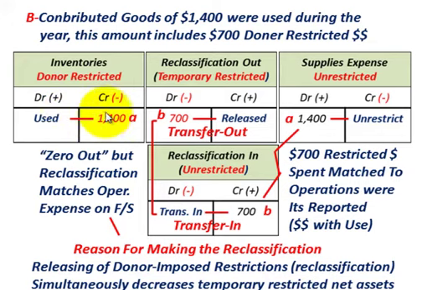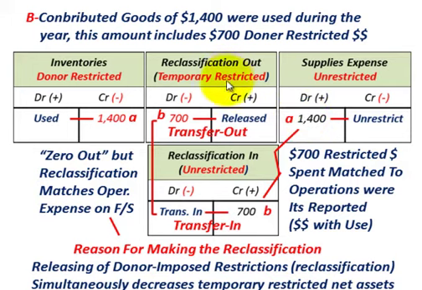We reduced our inventories by the amount used, and then our supplies expense would have been in unrestricted. Their inventories were donor restricted, but our supplies expense is going to be unrestricted because they're going to be released from the temporarily restricted asset account to the unrestricted asset account. So supplies expense, we debit that for $1,400.